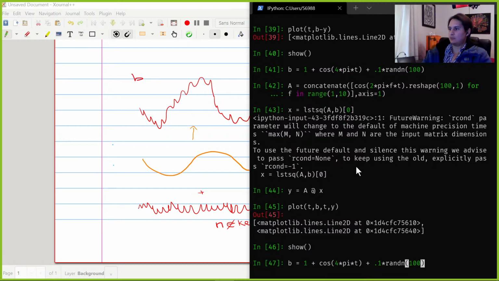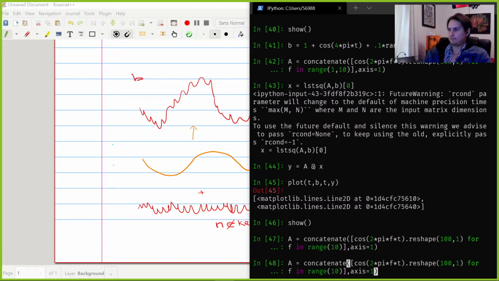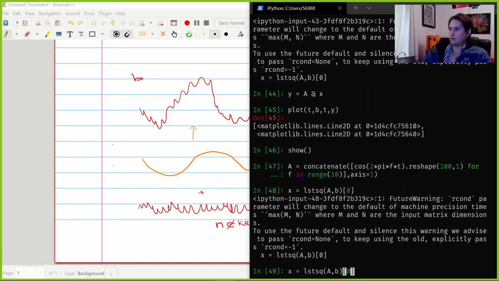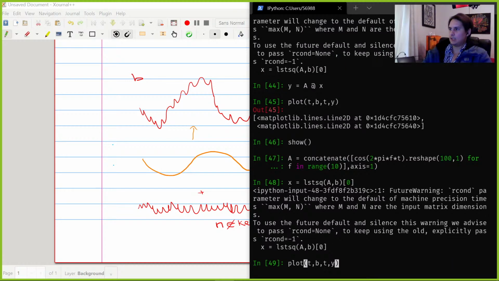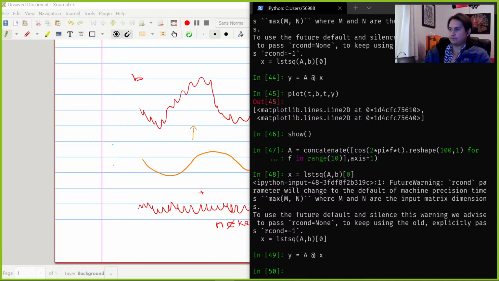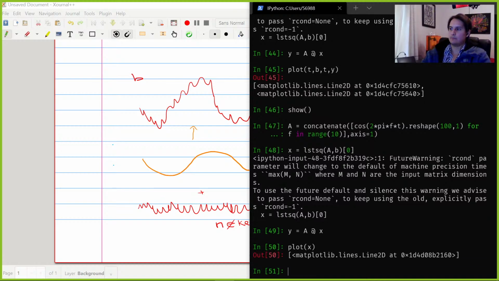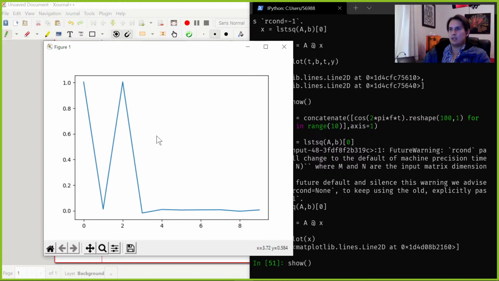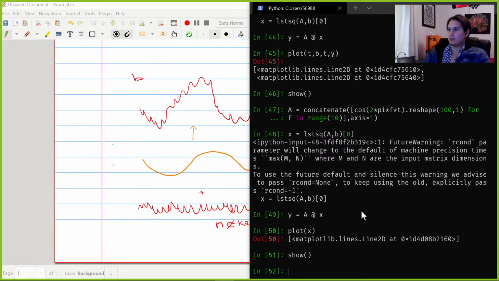So let's put it back. And this. Another interesting thing about the space I choose for this is that if we see the coefficients, maybe this is not the best way to plot it.